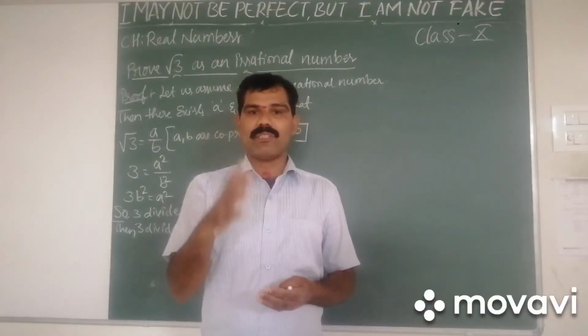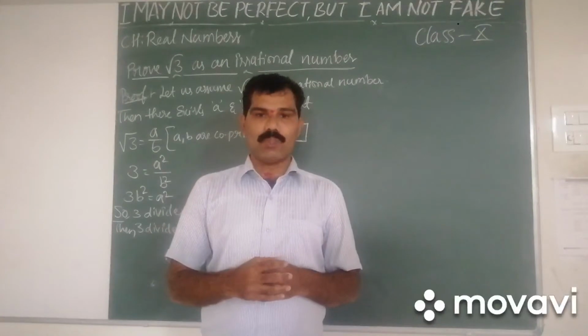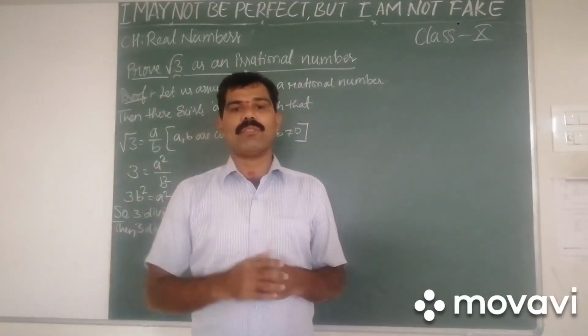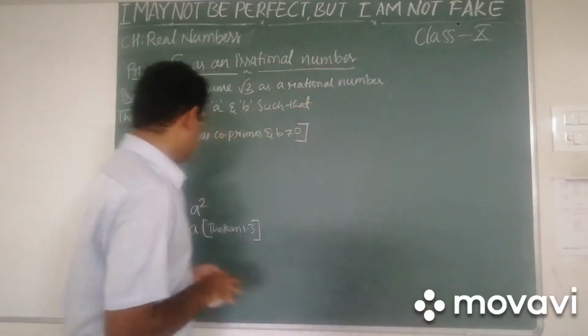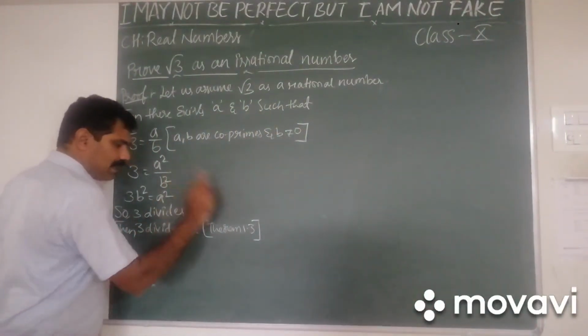If p divides the square of any positive integer, then p also divides that positive integer. So 3 divides a square means 3 also divides a.